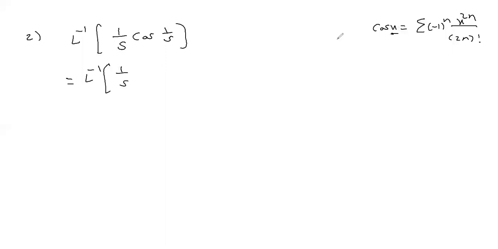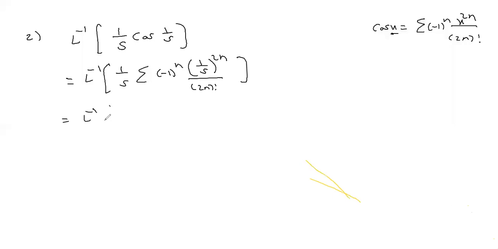So what will be the formula for this? Summation of minus 1 whole power n into 1 by s whole power 2n by 2n factorial. Do you agree? Yes. And we shall simplify this.